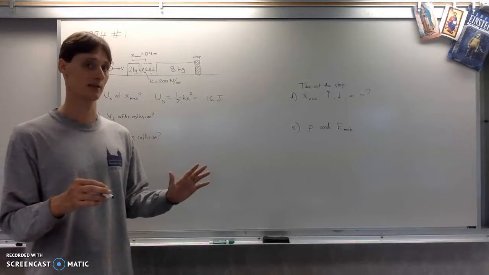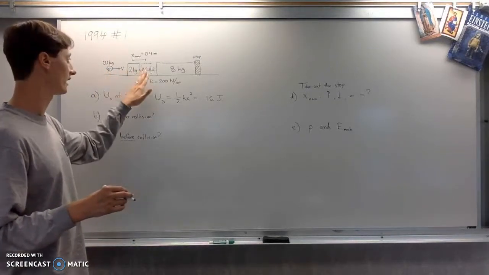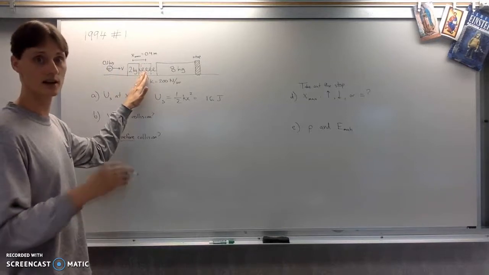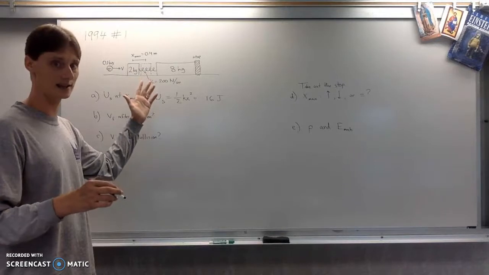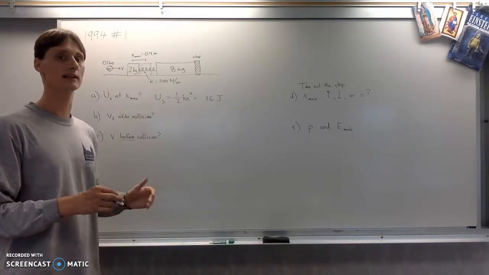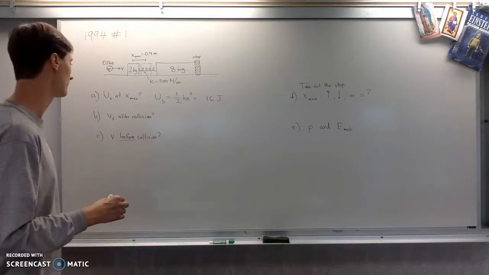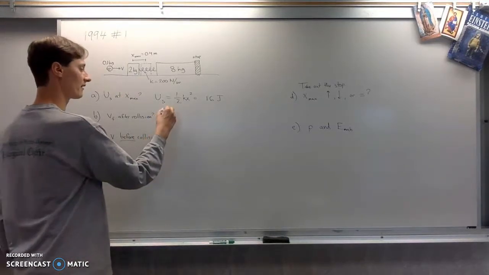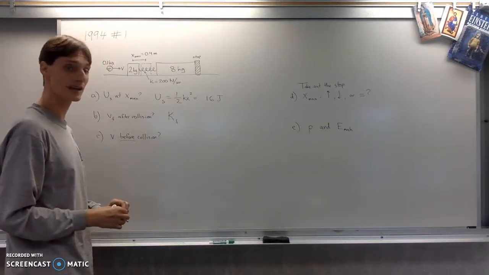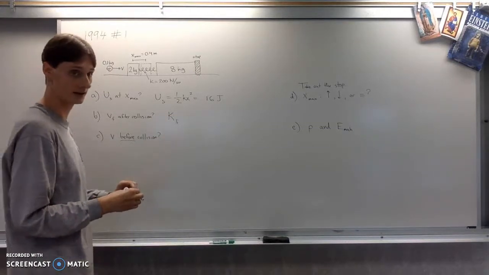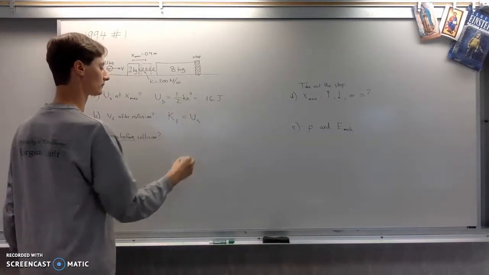It's not going to be true that this kinetic energy here equals this elastic potential energy there. Rather, the kinetic energy after the splat is going to equal the elastic potential energy at the moment of maximum compression. Okay, so we can say that K final, and when I say final, I mean after the collision, equals U_s.